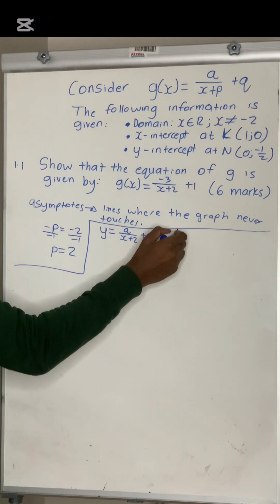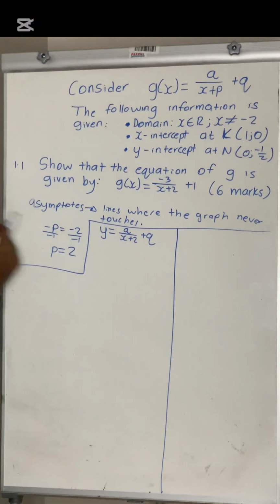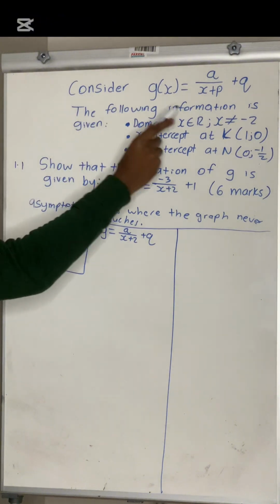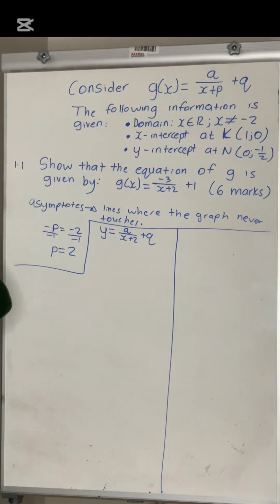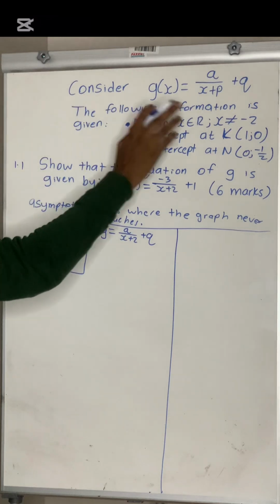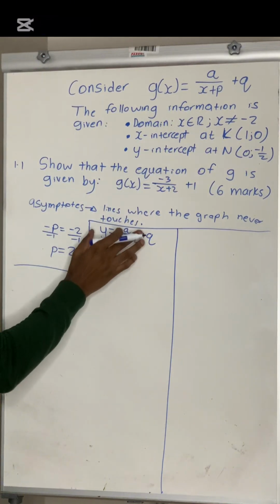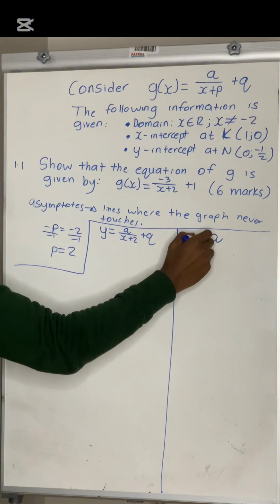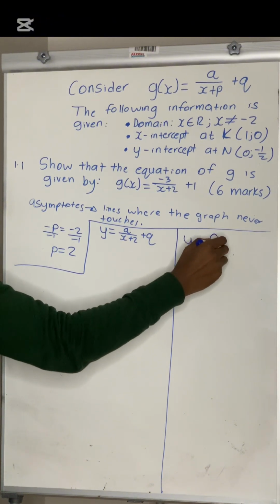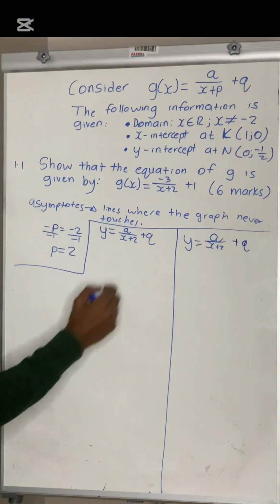Now moving forward, what can we do to solve everything else? We are given the x-intercept. We're also given the y-intercept of this function. Let's try substituting these points into this function and see what we get. So y is equal to a over x plus 2, plus q.